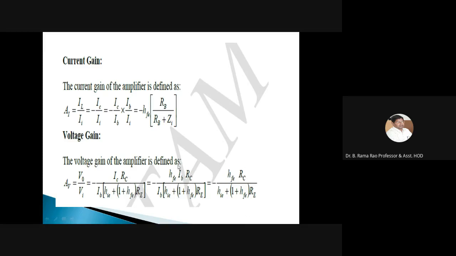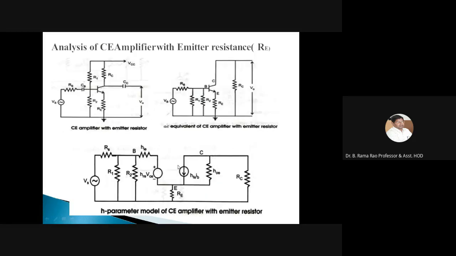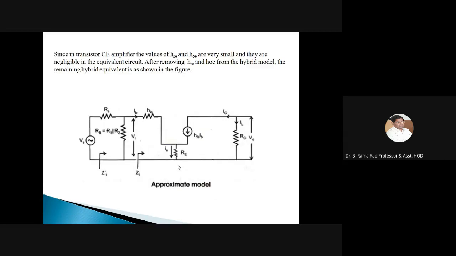So these are the four formulas for analysis of the CE amplifier with the emitter resistance. Simply take the common emitter configuration amplifier with emitter resistor, draw the AC equivalent, then the hybrid equivalent model, then get the approximation model.